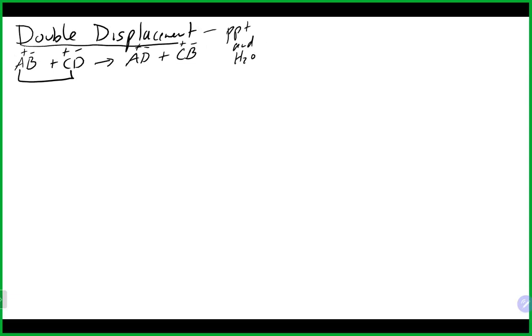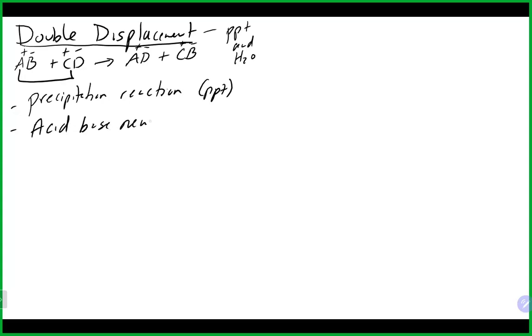More specific classifications of double displacement reactions is a precipitation reaction, where obviously you do get a precipitate formed. And a more specific classification of double displacement reactions is an acid-base neutralization reaction, where you basically form water, right?